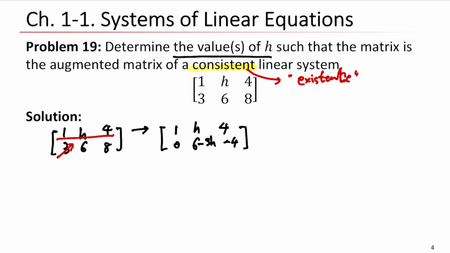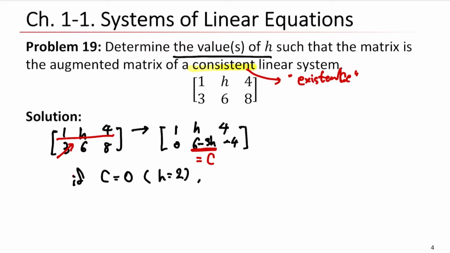In this case, let's say this entry is the constant c, right? If c is equal to 0, in other words h is equal to 2, this is exactly the same, right?